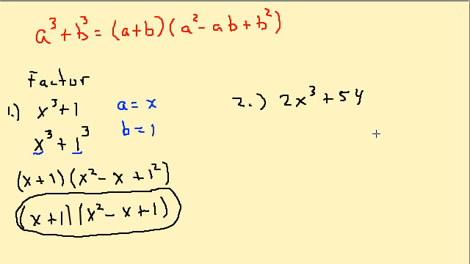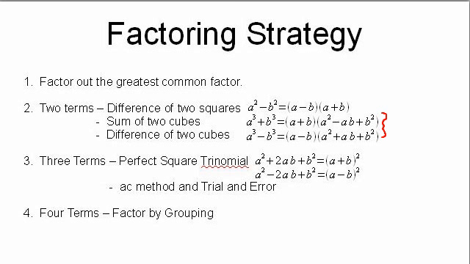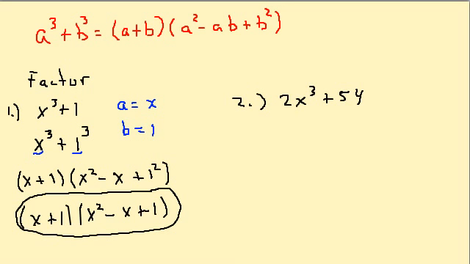Alright, now let's take a look at the last problem. I have two terms, but you can remember from the factoring strategy, we always see if we can factor out the greatest common factor first. So we notice here we have a common factor of 2. So I'm going to factor out a 2. So I get 2 times x cubed plus 27.